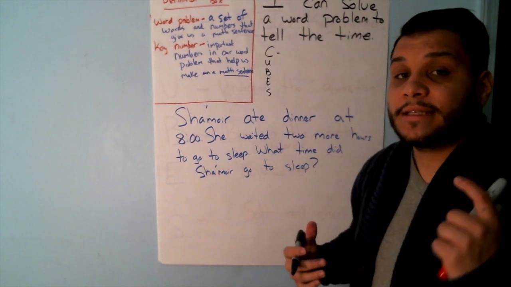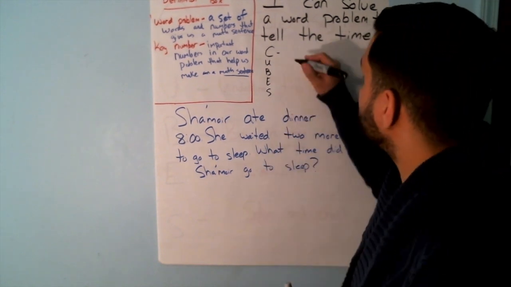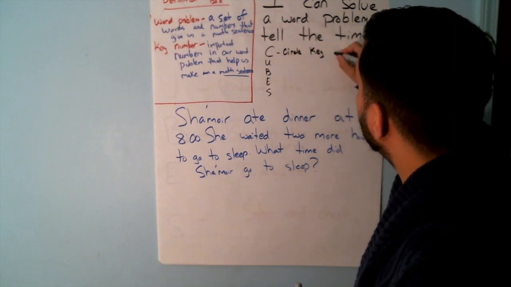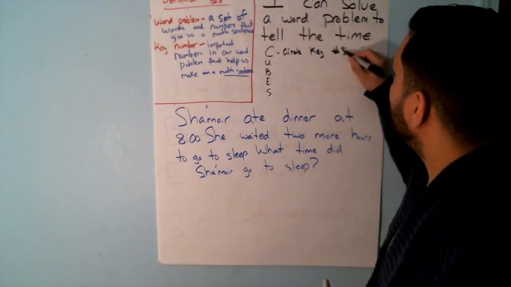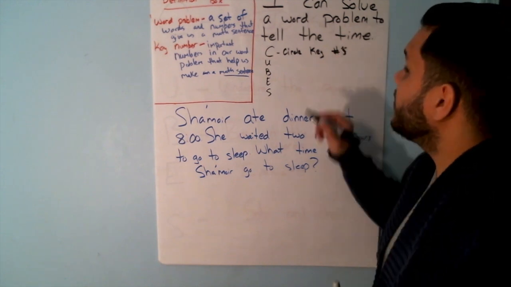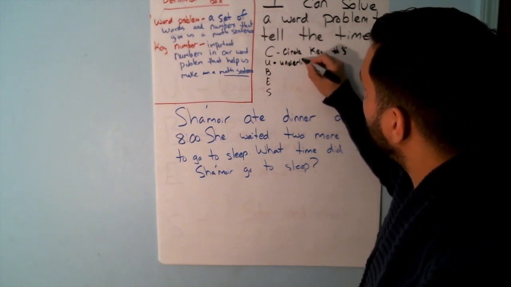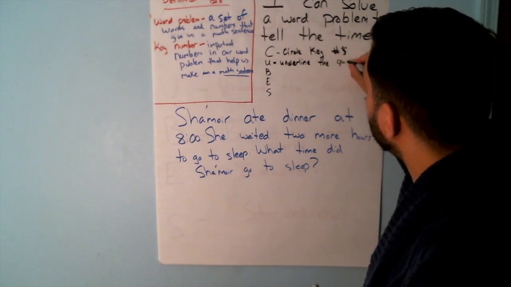Help me with this. C stands for, yes, circle key numbers. And this right here is simply the number sign. U stands for underline the question.